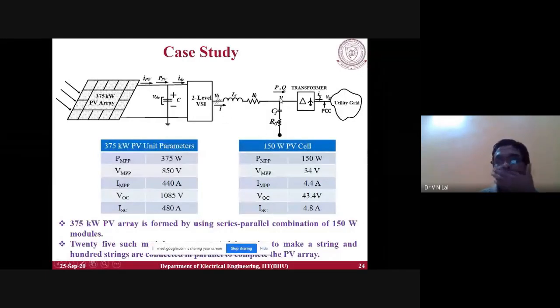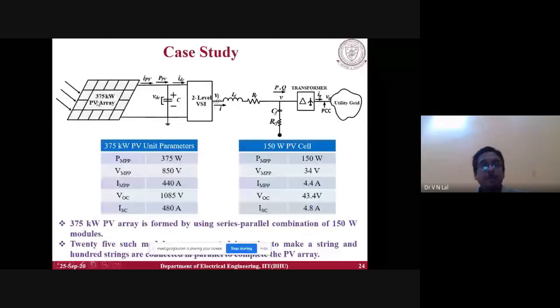Then this is the filter. Then a transformer is needed because we have used a utility grid of 12.6 kV medium distribution grid. So the transformer was needed.